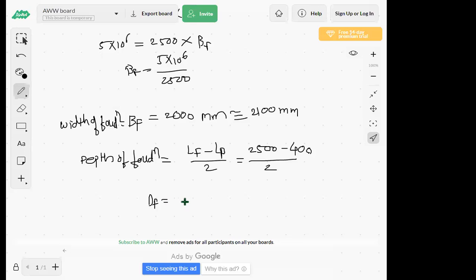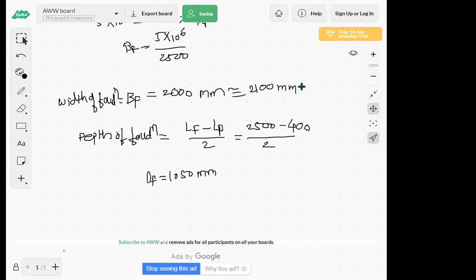So how much depth of foundation? 1050 mm.